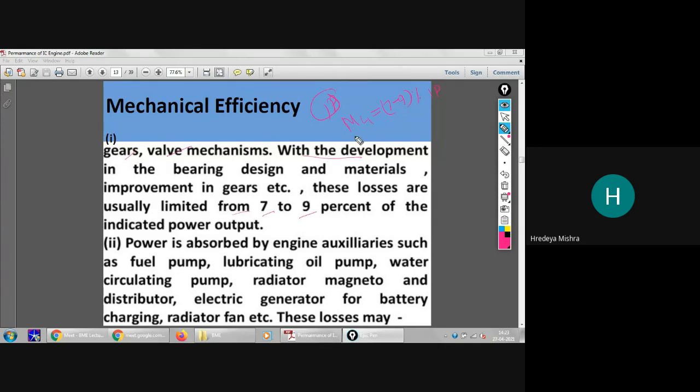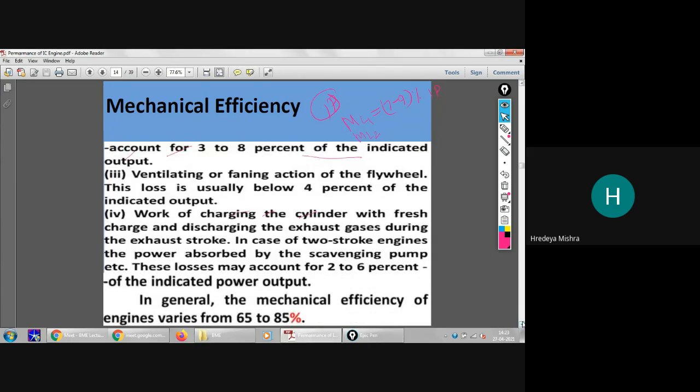So we can say this is ML2, and the losses are 3 to 8% of IP.